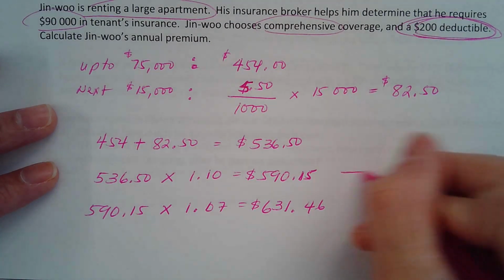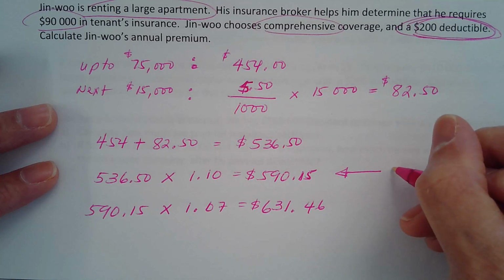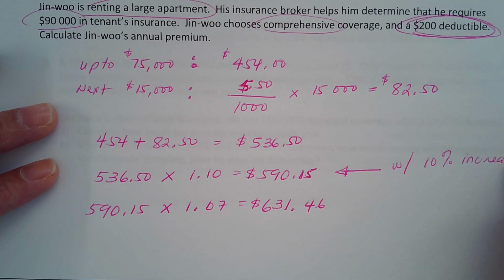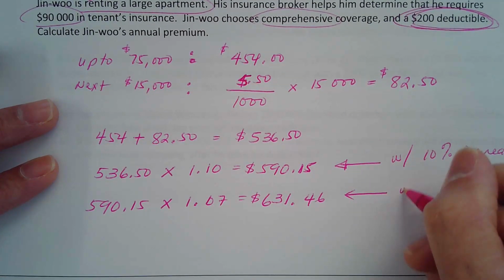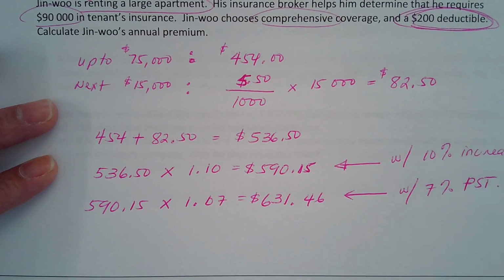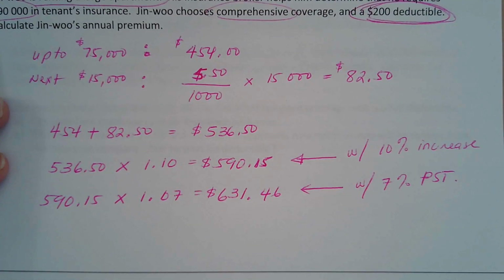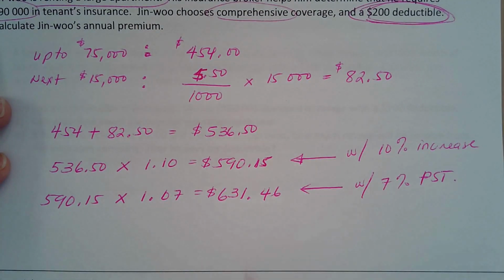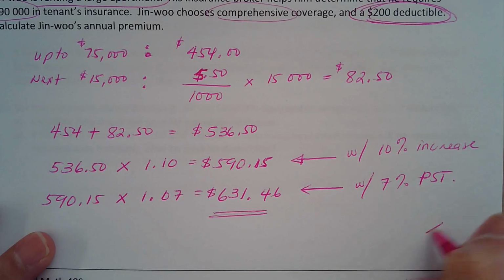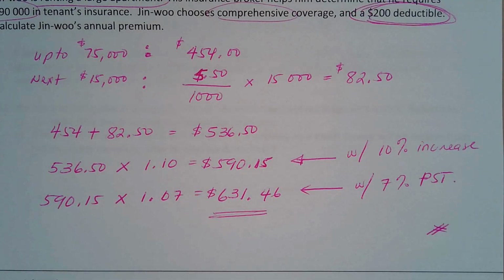So I'm just going to point out in here, this is where the 10% increase is, and then this is the one with the 7% PST. And it works out to about $52.62 per month. Okay, so I'm stopping right here. Tomorrow we'll continue on with the rest of these.